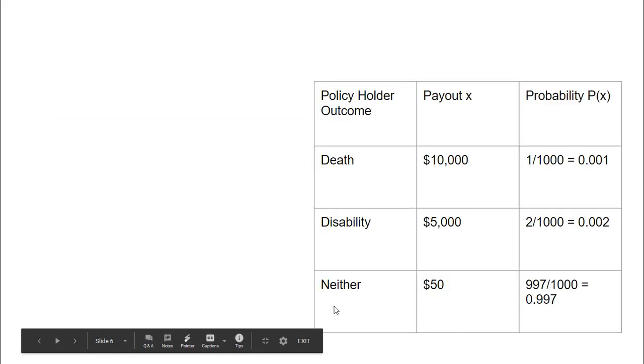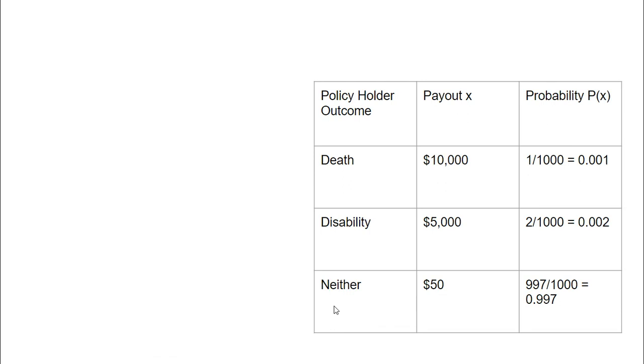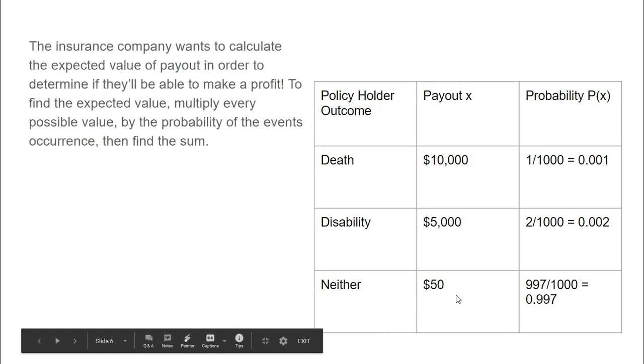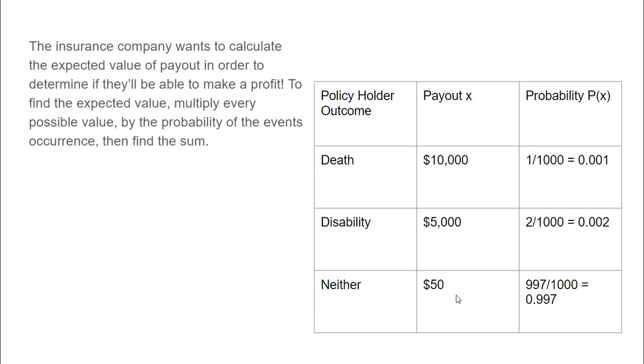This is our example here where we have death, disability, and neither, paying out $10,000, $5,000. Oh, this is supposed to be $0, not 50. Whoops. I put it correctly over there. The insurance company wants to calculate the expected value payout in order to see if they make a profit. To find the expected value, you multiply every possible value by the probability of the events.